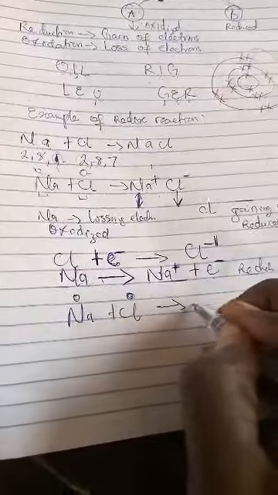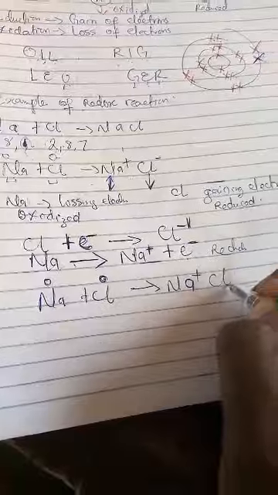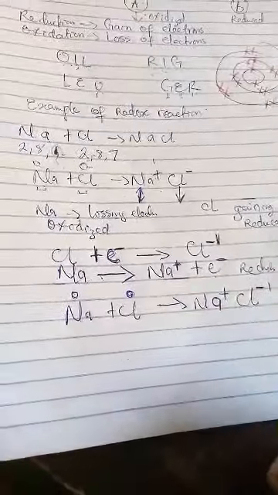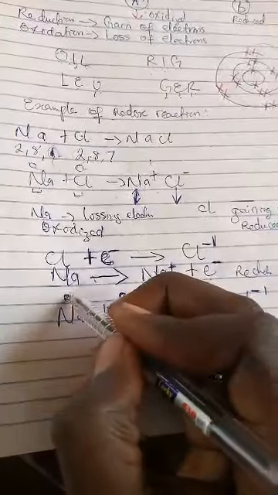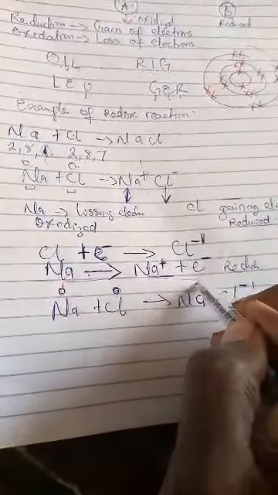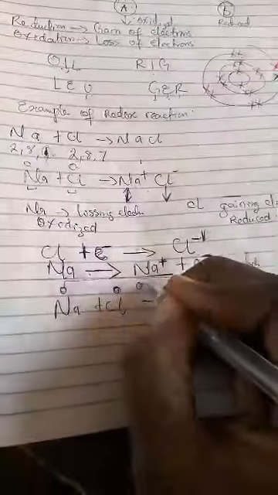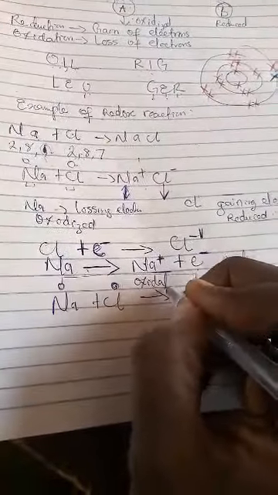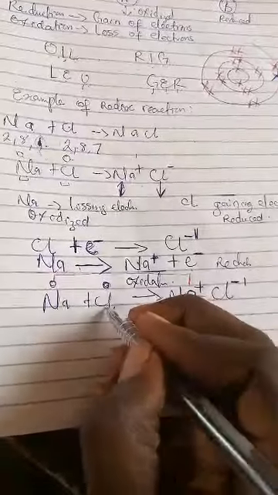Then sodium is being increased to 1 while chlorine is being decreased to -1. So this is oxidation, while chlorine is the reduction.